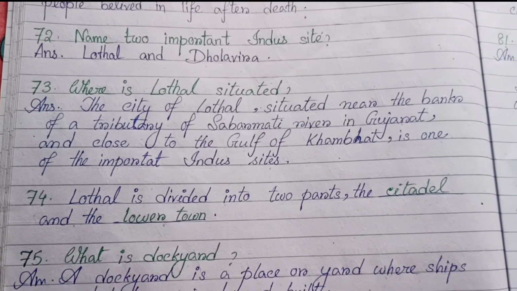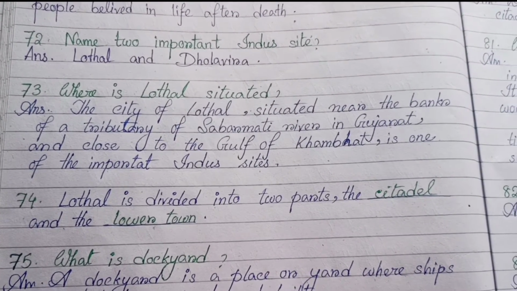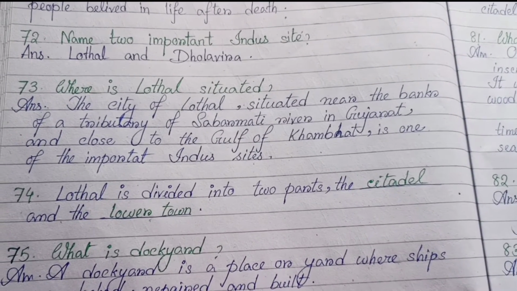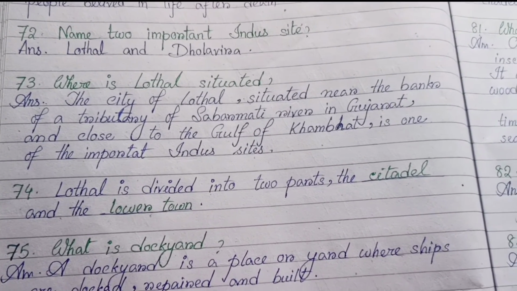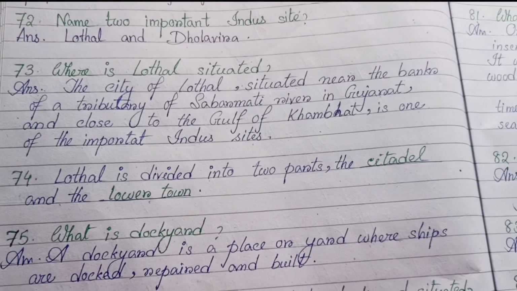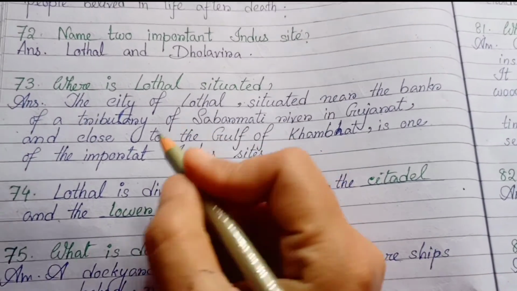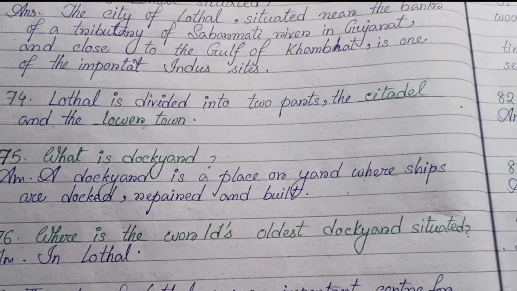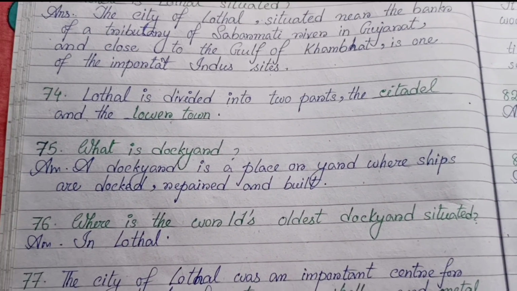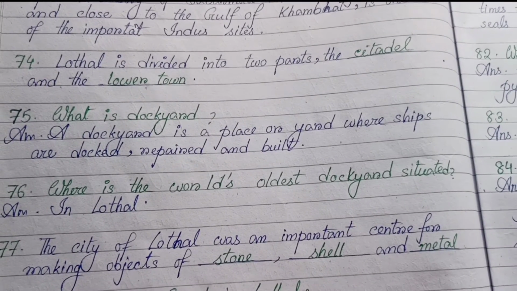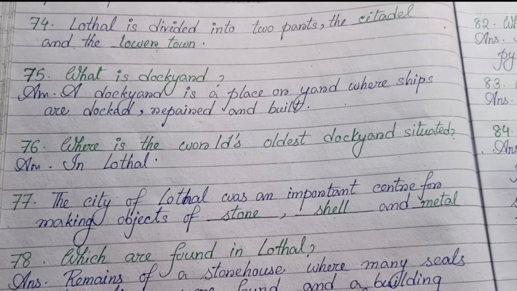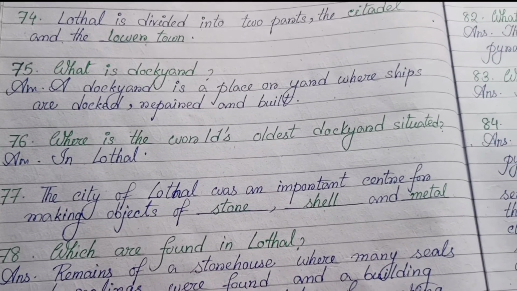Where is Lothal situated? The city of Lothal, situated near the banks of a tributary of the Sabarmati river in Gujarat and close to the Gulf of Khambat, is one of the important Indus sites. Lothal is divided into two parts, the citadel and the lower town. What is a dockyard? A dockyard is a place or yard where ships are docked, repaired and built.